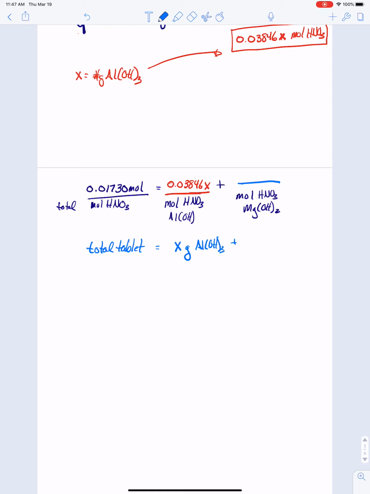And we also want to know the number of grams of magnesium hydroxide. Probably don't need those. All right.